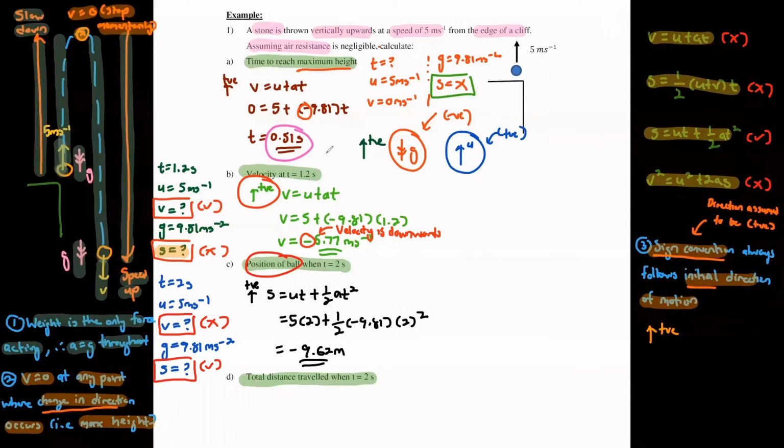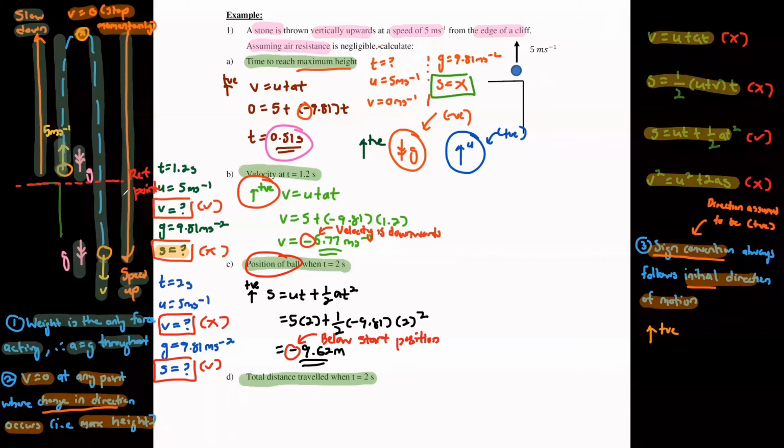Now, what is the significance of this negative here? It merely tells us that the position of the ball is below the starting position. The starting position is actually our reference point here. So when we originally projected the object upwards, right over here, this is our reference point, which is also our starting point.